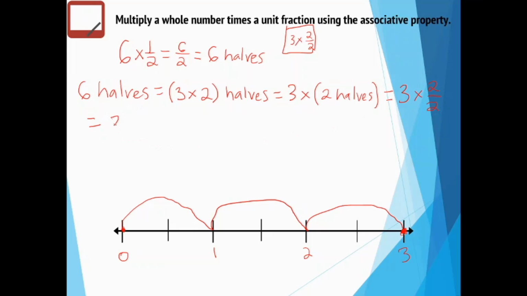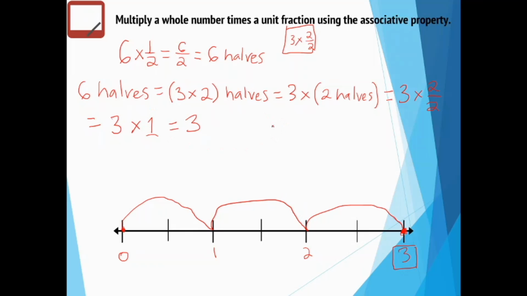So I'm going to rewrite that because this is going to become 3 times 1 whole. And then we know that 3 times 1 gives us 3. And if you look here, when we did 3 times 2 halves, we ended up with 3, right?